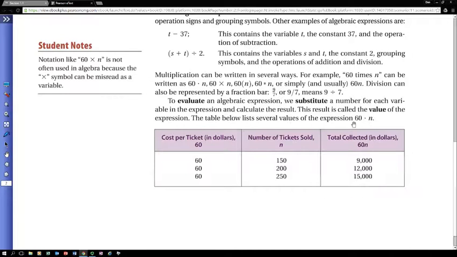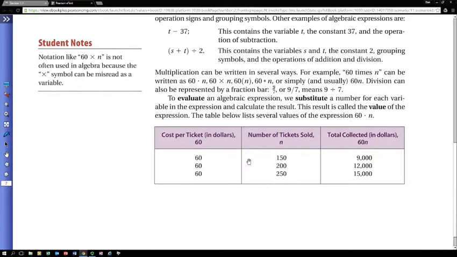Here's another way to write that: just 60n. When there's nothing between a number and a variable, or two variables, it means there's multiplication happening. They mostly get rid of the x for multiplication because we use x as one of our variables so much.